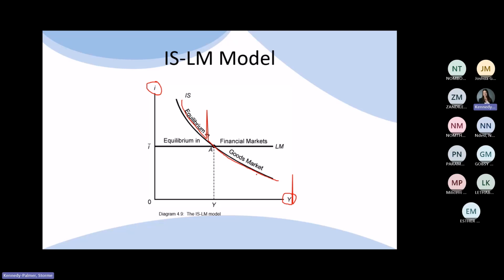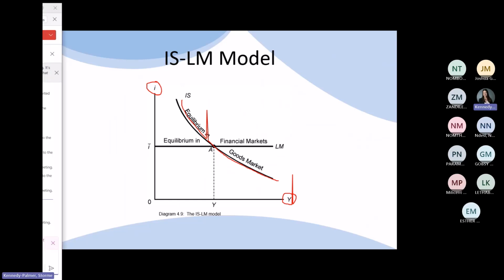It tells us that the lower the interest rates, it's generally going to lead to a higher output because cheaper borrowing encourages investment and consumer spending. That's why it is downward sloping.